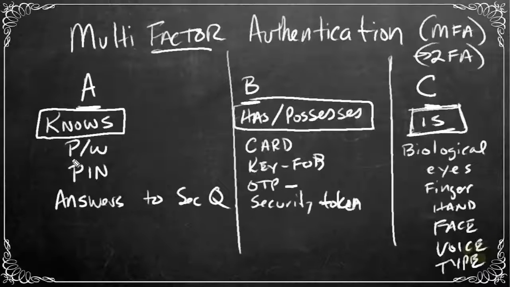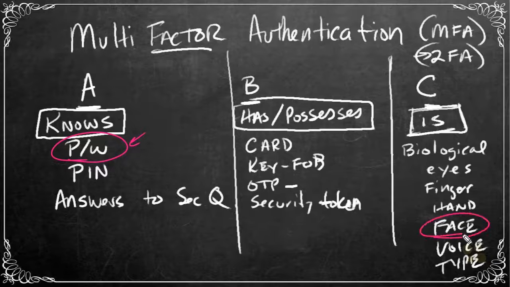In that example, it was requiring my passphrase. It was also doing a face recognition, which is right here. And it was also requiring a one-time password. So in that case, it was using one of each of these categories, which is a pretty extreme example of multi-factor authentication.